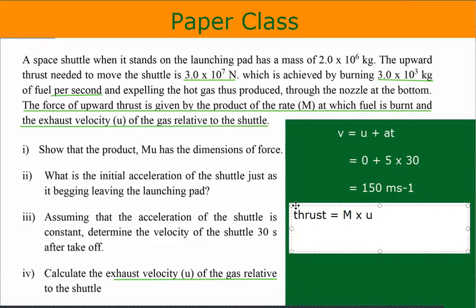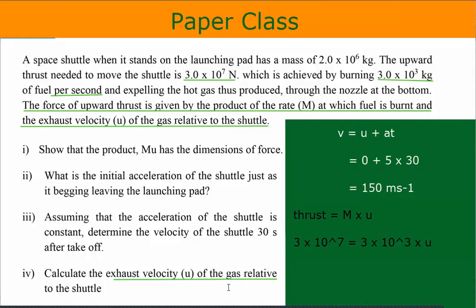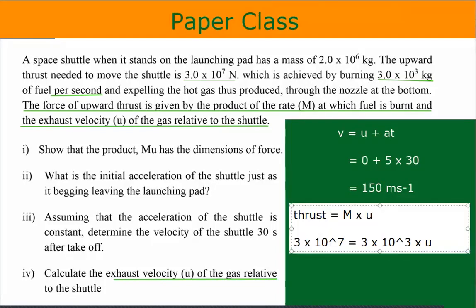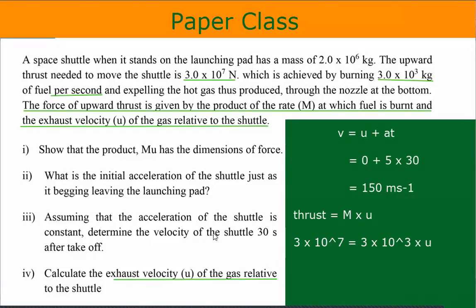The thrust is the force generated by the burning fuel, given as 3 into 10 to the power 7. The mass of fuel burned per second is given as 3 into 10 to the power 3. So the only thing we want to find is U, the velocity of the exhaust gas relative to the shuttle. Please use this equation and try to calculate the value of U. Give it a try quickly.